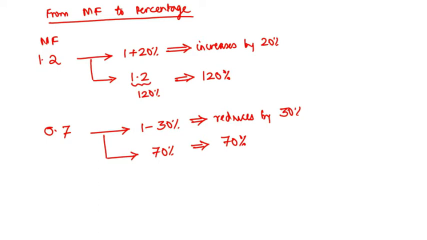For reduces by 30% also the multiplying factor is 0.7. So there are two ways of looking at it. Depending on what he is asking, I need to choose, because sometimes he will say what percentage is it. Sometimes he will say by what does it reduce. So you need to read the question and then notice, but notice the fact that both of them are the same.